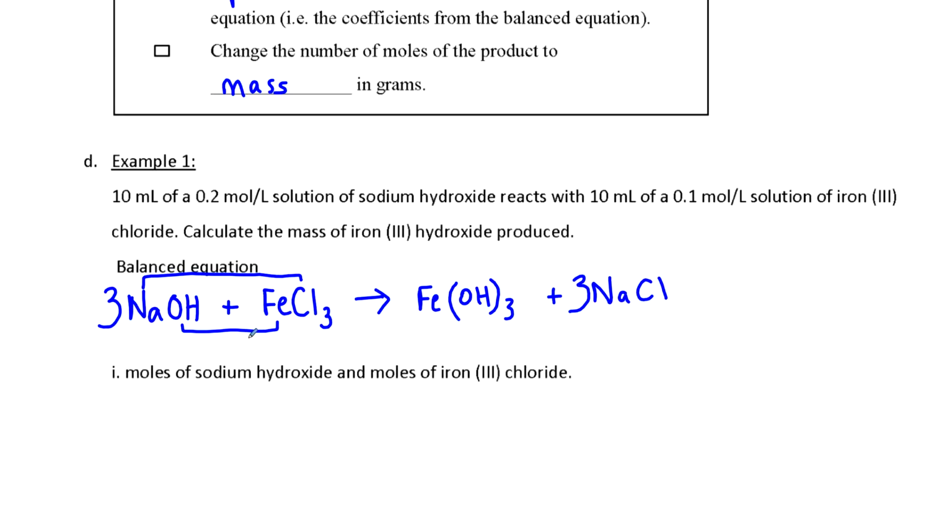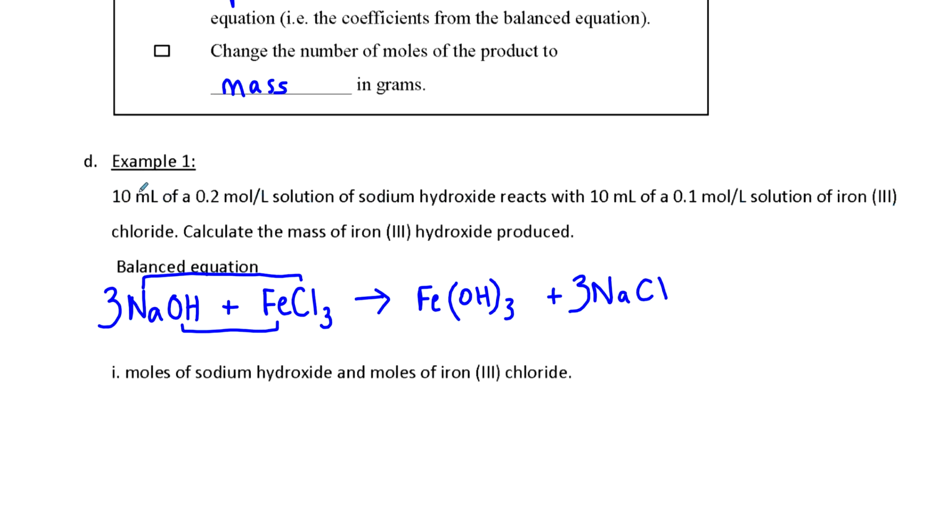originally, what you would have done in stoichiometry is you would have been given a question very similar to this, but you wouldn't have been given volume and concentration for each substance. You would have either been given just moles of this substance and moles of this one, or grams of this substance and grams of this one. So we are now saying, well, this is a solution.